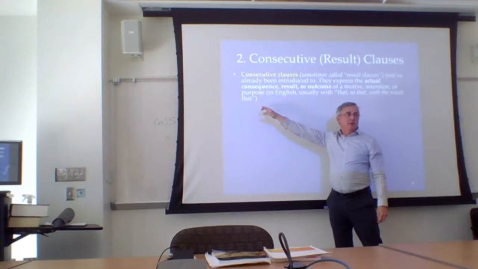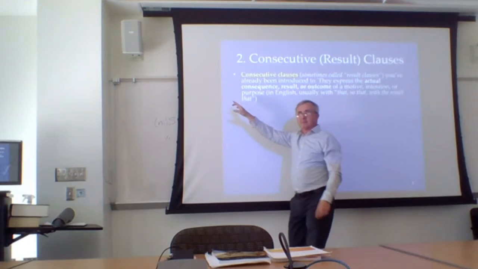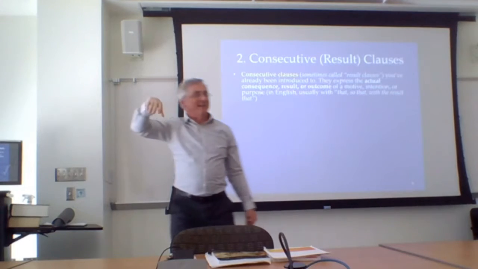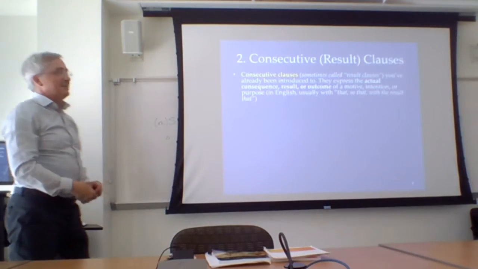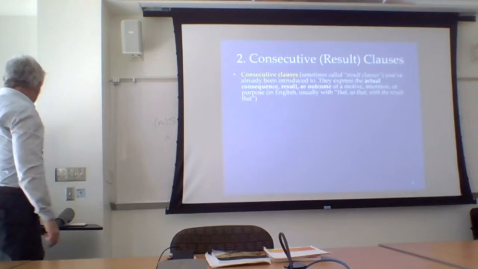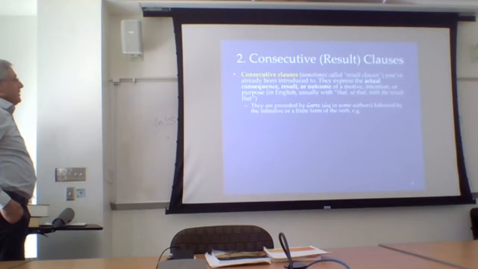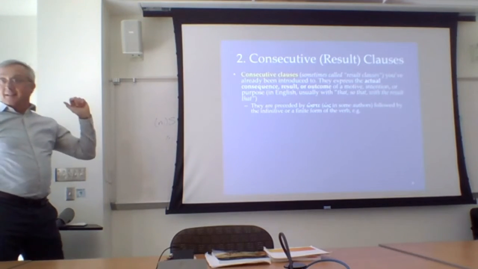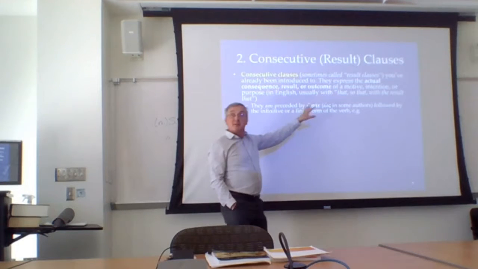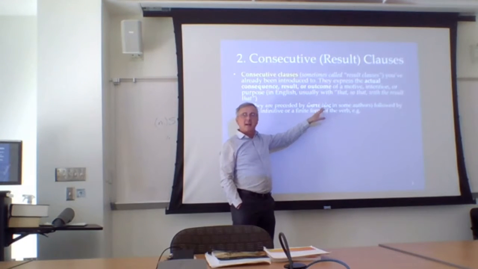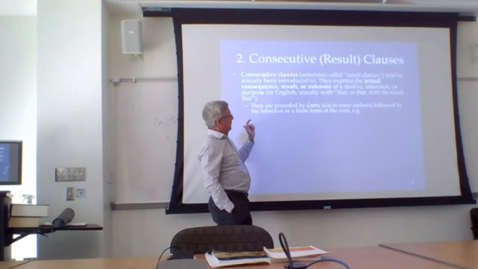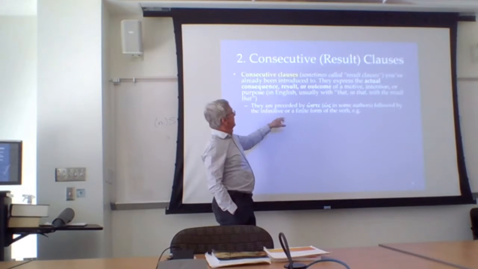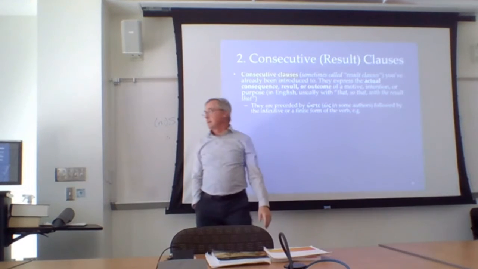We don't always have to say that. Not tuto, but, as it happens, hoste. So they're preceded by hoste. As I said, some authors use hos, and it'll make sense semantically, in a way I'll explain in a moment, followed by the infinitive or a finite form of the verb.